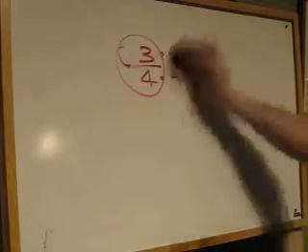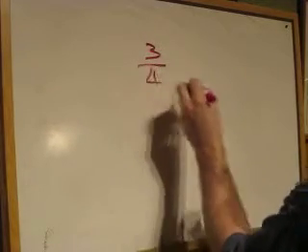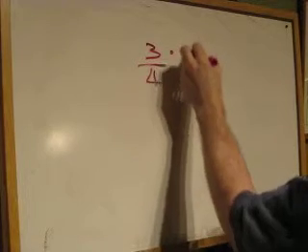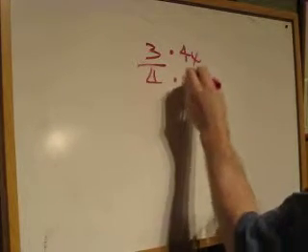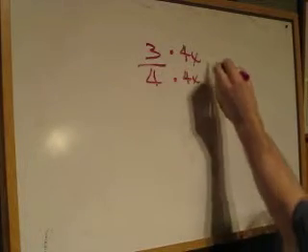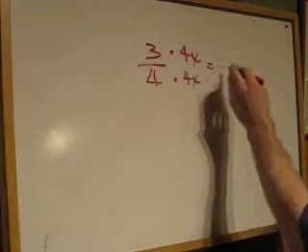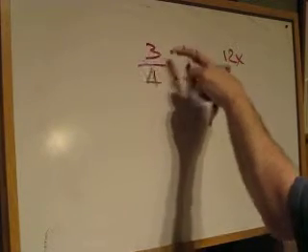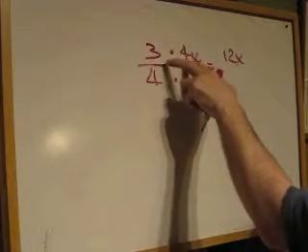We can even take this 3/4 and multiply it, top and bottom, by 4x if we want. Doesn't matter what we multiply it by, as long as it's the same number. So 3 times 4x is 12x. Remember, we can multiply when the terms are different. If it would be addition, we couldn't do that.